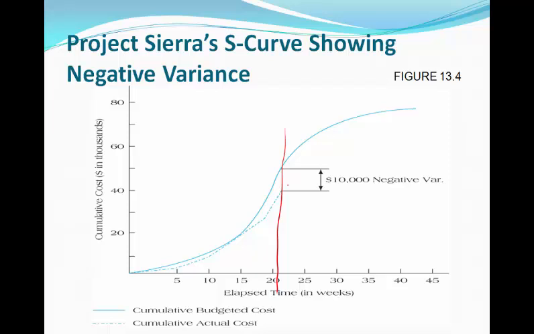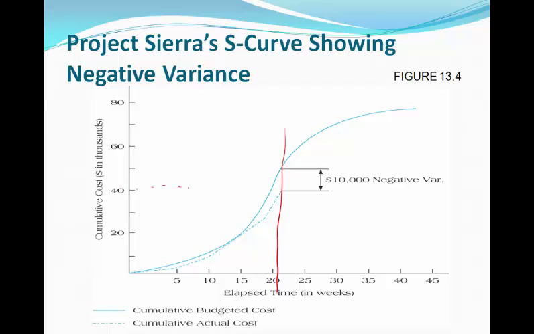Knowing this information is not enough to let us know how much of the project we've completed. So based on this graph here, the project spend is about $80,000. At week 21, we've spent about $40,000.